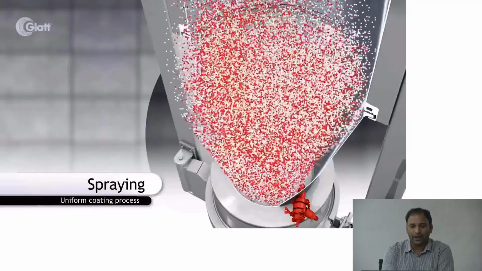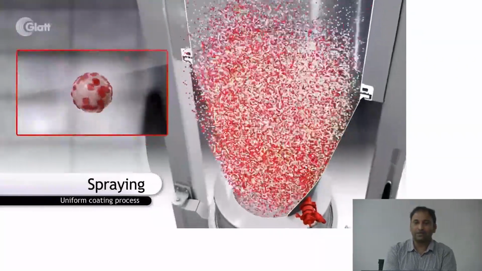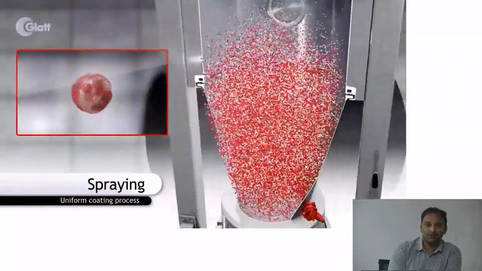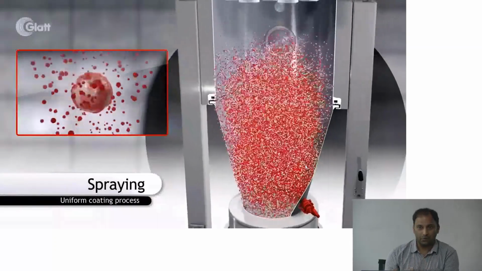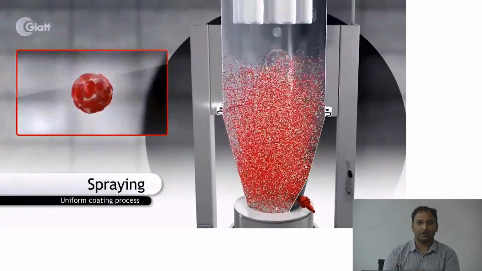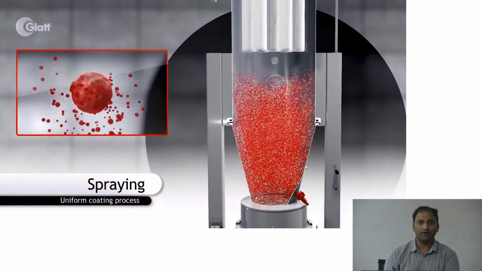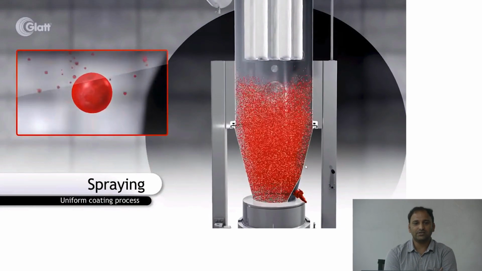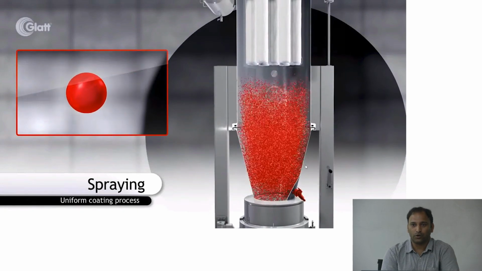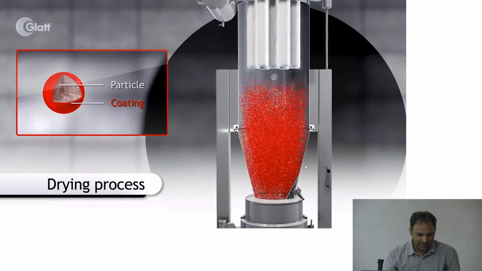This is another example where a fluidized bed is being used for coating applications. You fluidize a bed to begin with, and then whatever coating material you want to put on the surface, you put in as another fluid, and then you can ensure a nice homogeneous uniform coating on the particle surface.